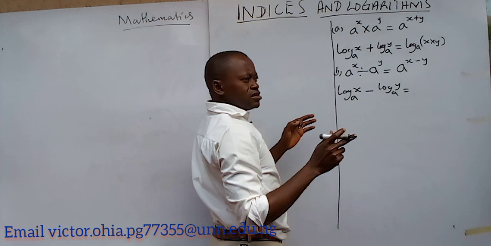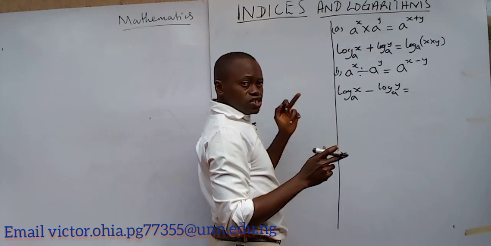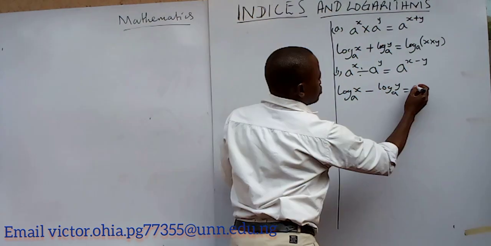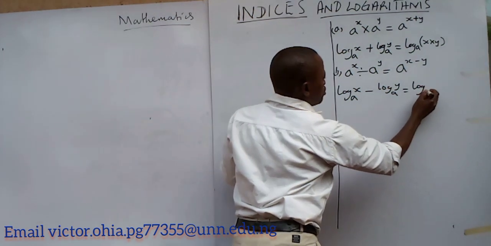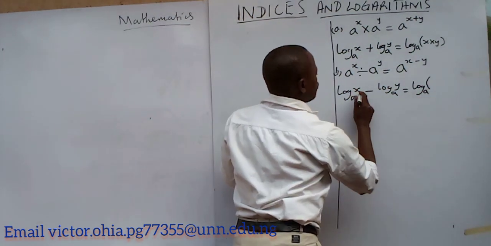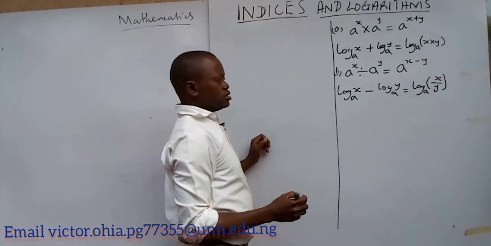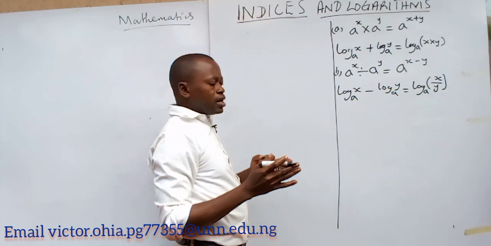That is, you take the logarithm of their quotient. You now say log in base a of x over y. This is how you are going to handle it.